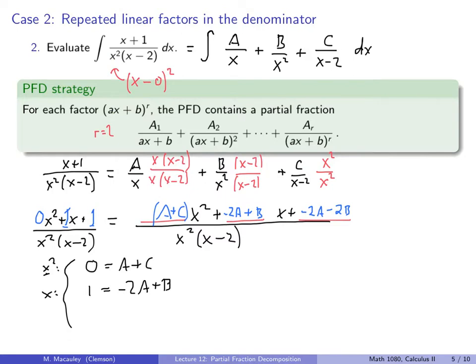And then the constant term, this coefficient of 1, has to equal negative 2a minus 2b. So 1 equals negative 2 times a plus b.